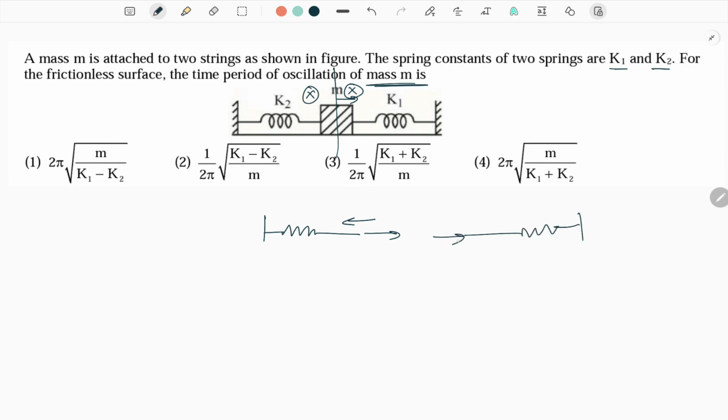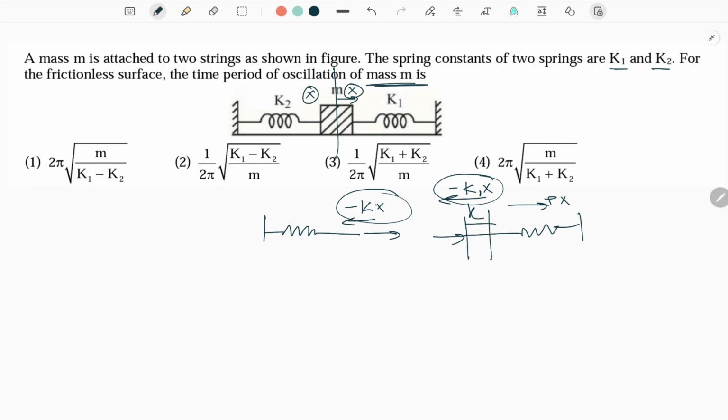Similarly, if we compress the spring by x in the positive x direction, the force acts opposite to this direction, and the force is K1x for the K1 spring and K2x for K2.